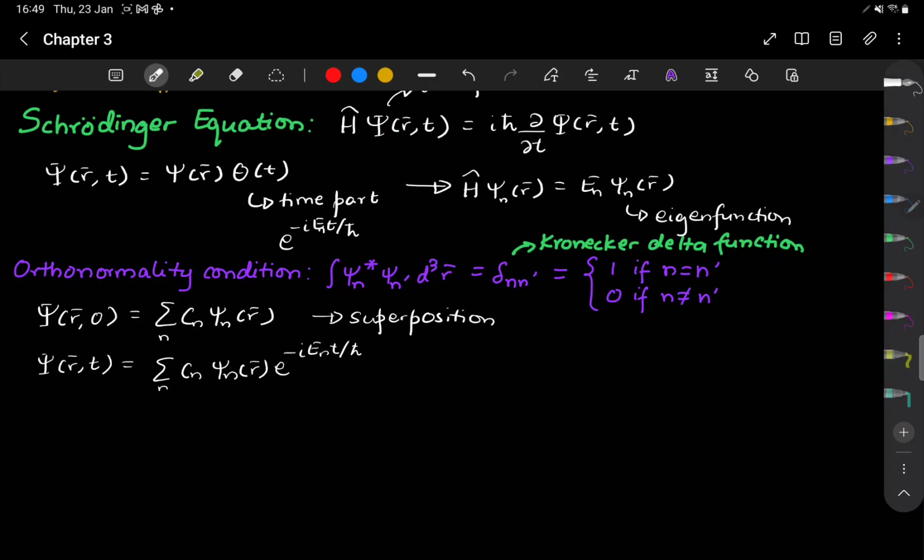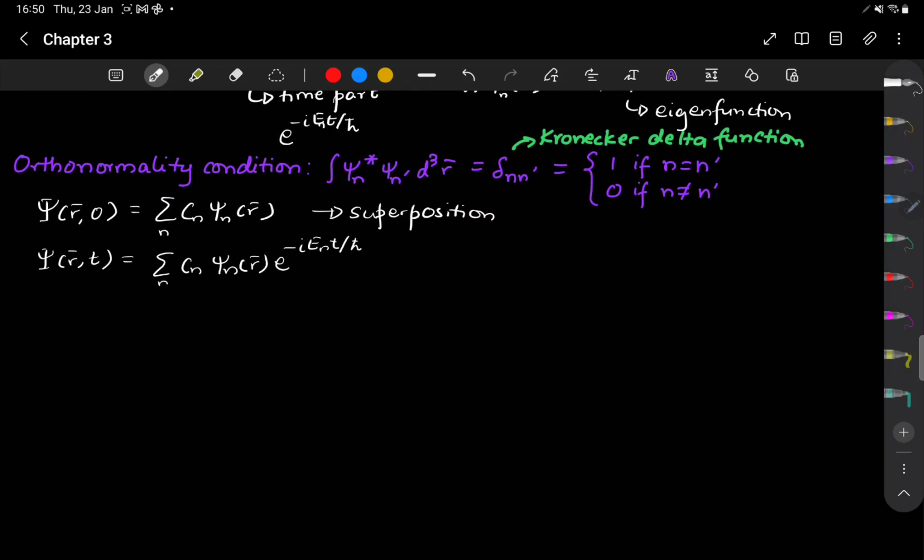Now Cn is basically the coefficients in the superposition. So now let us write in shorthand notation. This psi is the superposition of the eigenfunctions. So psi star psi, if we integrate it over the entire volume, can be written as follows.